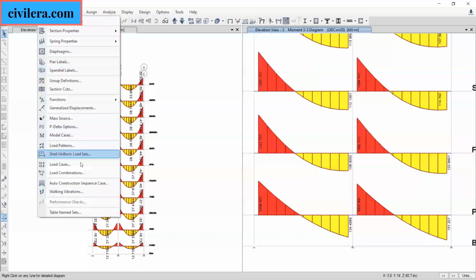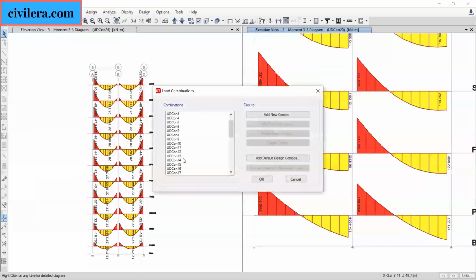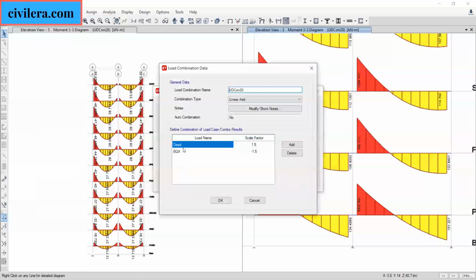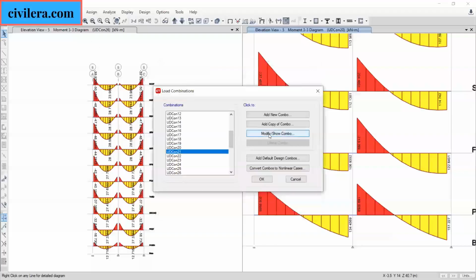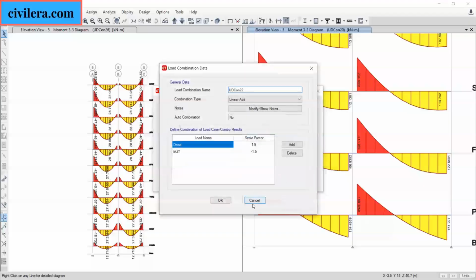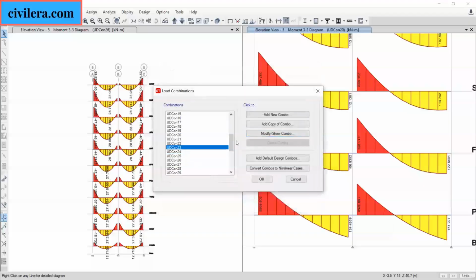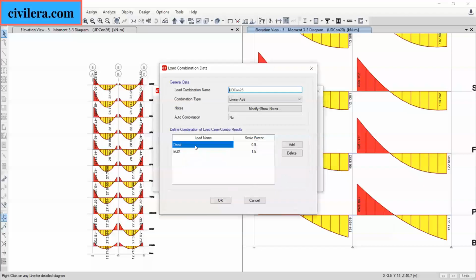Let us go and check which combination that is first. UDCon 20 is dead load and EQX, 1.5. Same way 21, 1.5, 22, and 23, 0.9, 1.5.